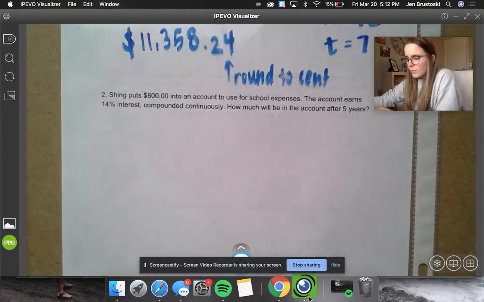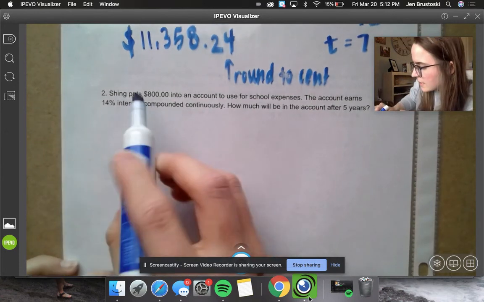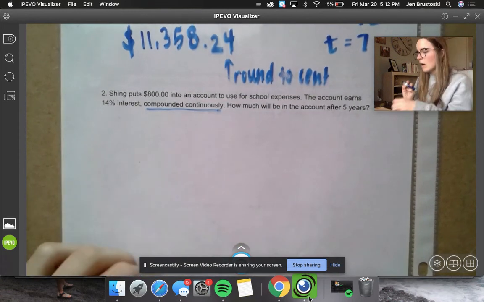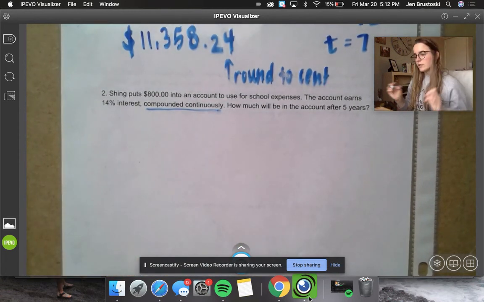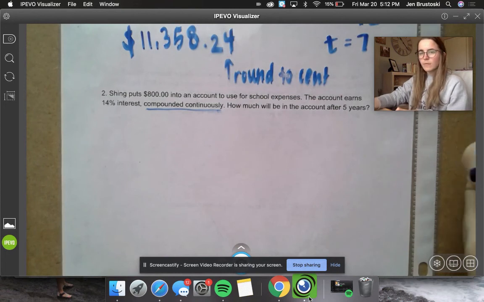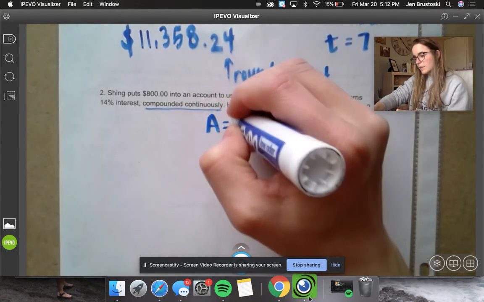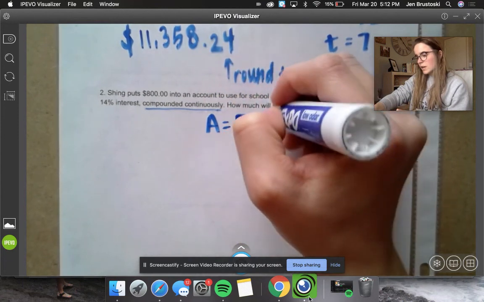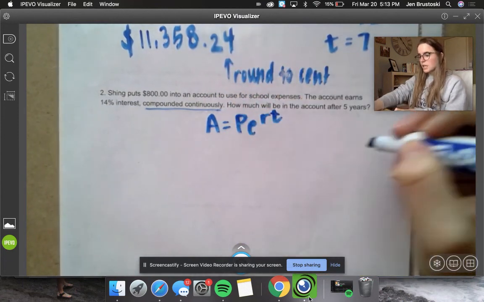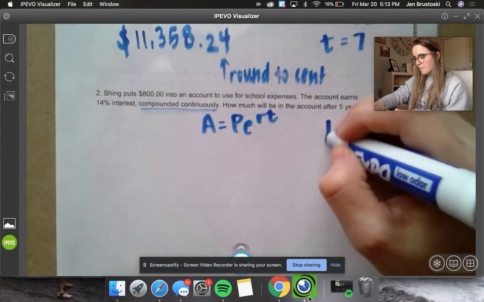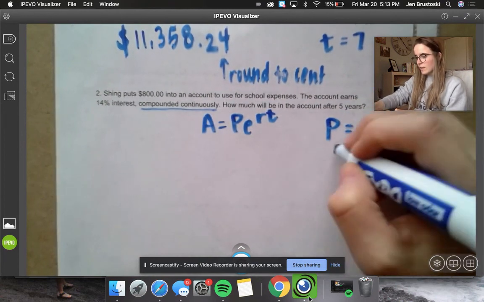So Shing puts $800 into an account to use for school expenses. The account earns 14% interest compounded continuously. How much will be in the account after 5 years? So because we're compounding continuously, we're going to use the equation A equals PE to the RT, PERT. So we need P. E is a constant, we don't need that.